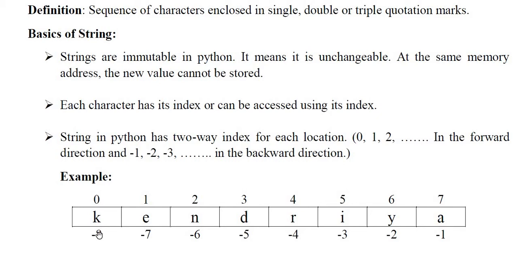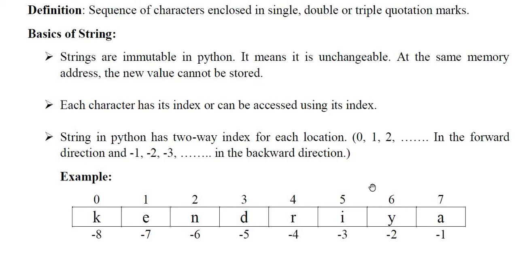Next, each character has its index, or is accessed using its index. Here you will see 0, 1, 2, 3, 4, 5, 6, 7. These are the indexes of the array, or you can say of the string where you are storing. If I say 0, that means on 0 k is stored.